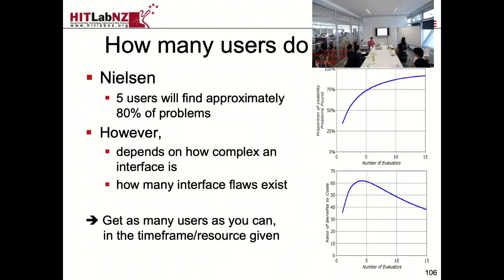Some papers still adopt his result, but somehow it is very hard to apply this theory to a certain environment. If our usability testing environment is very simple, then maybe we can adopt this kind of thing. But if we run a more complex usability test, then we also need more participants.